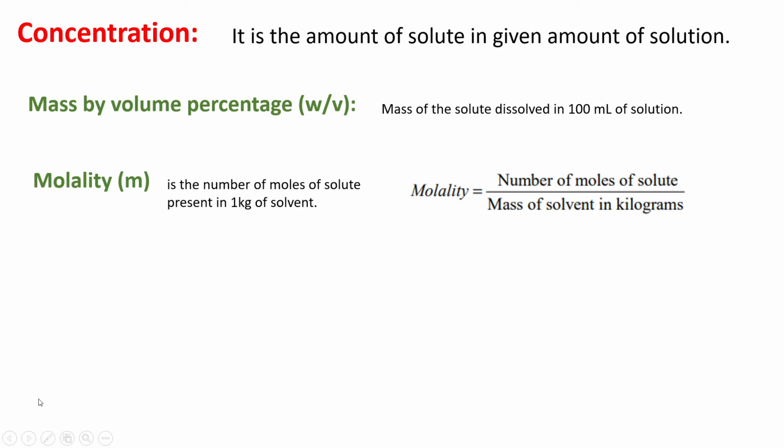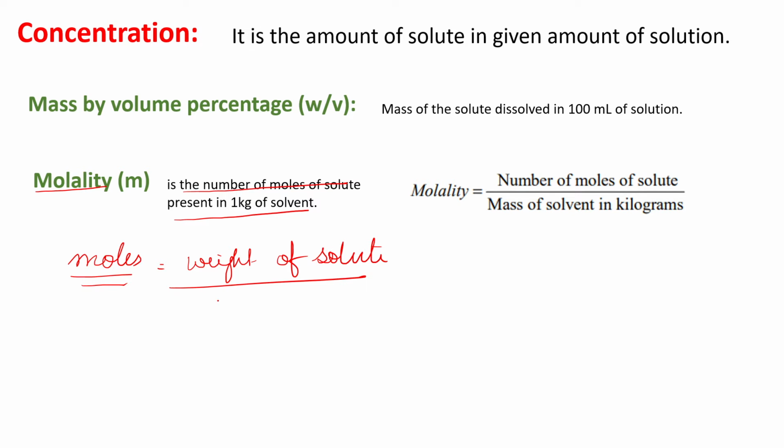Similarly, another term is molality. Molality is defined as the number of moles of solute present in 1 kg of solvent. So first you need to understand what moles are. Moles are defined as weight of solute by molecular weight.